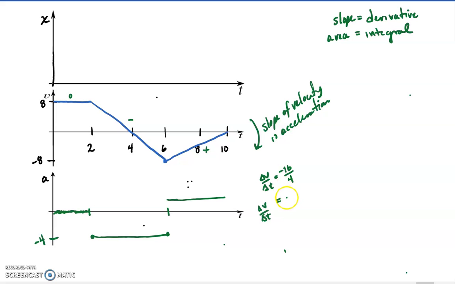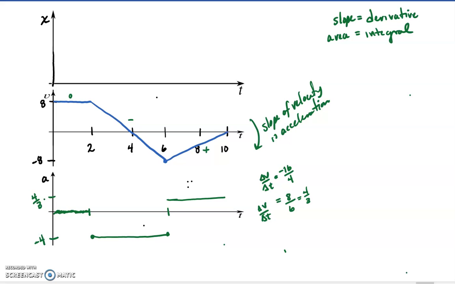Here I have a change of positive 8, because it's 0 minus a negative 8, divided by 6, because it goes to 10 seconds. That is equal to basically 4/3. So that's what we'd have here. So 4/3, that would be our acceleration. Obviously, this would be meters per second squared as our unit.